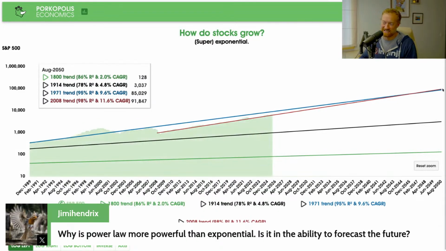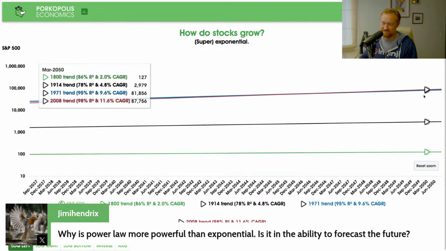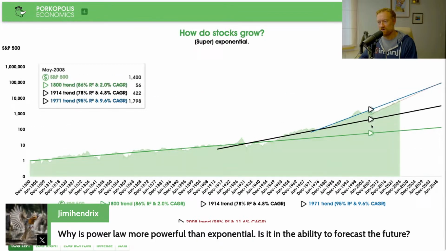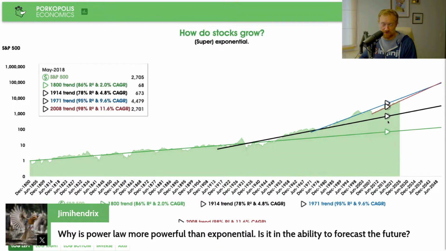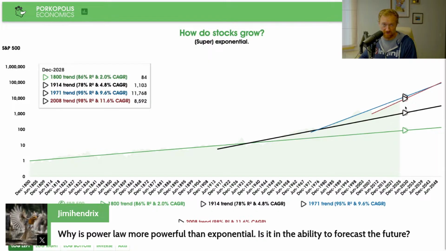We will finally catch that curve somewhere here, in like 20 years from now. It's totally possible, by the way, that by 2030 we have another crisis, and then we go even faster out of that.